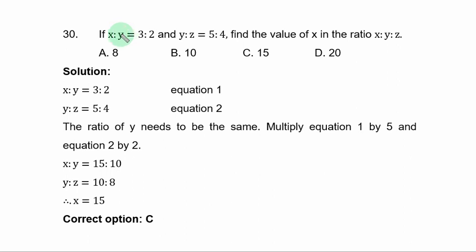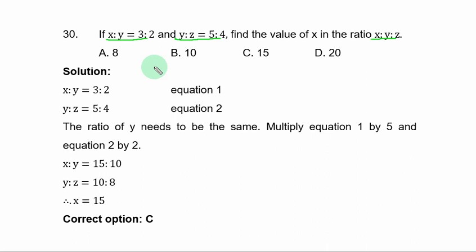Question 30. If S ratio Y is equal to 3 ratio 2 and Y ratio Z is equal to 5 ratio 4, find the value of S in the ratio S ratio Y ratio Z. Solution.